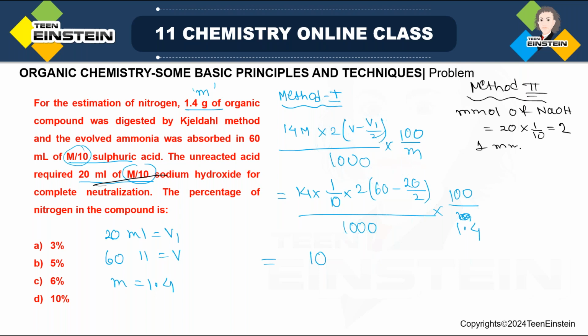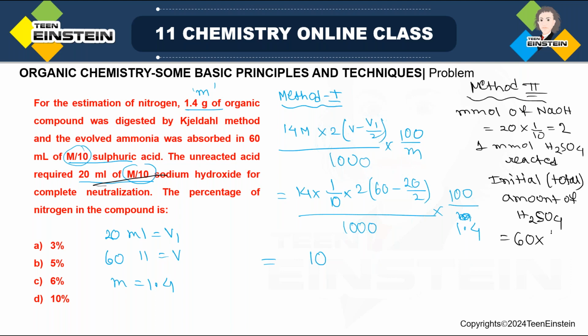Now if it is the case, then 1 millimole of H2SO4 is the amount of H2SO4 reacted with this NaOH. But you have started with H2SO4, so what is the number of millimoles initially? That is the total amount of H2SO4, 60 ml multiplied by M by 10.